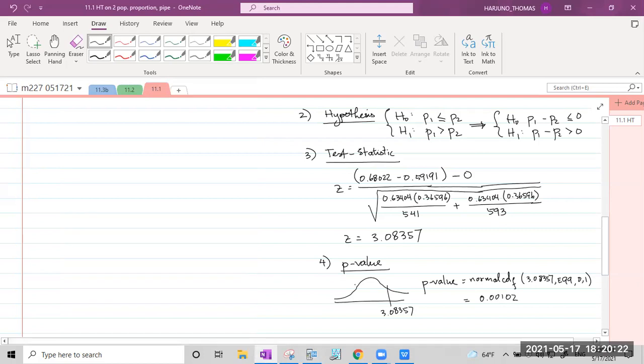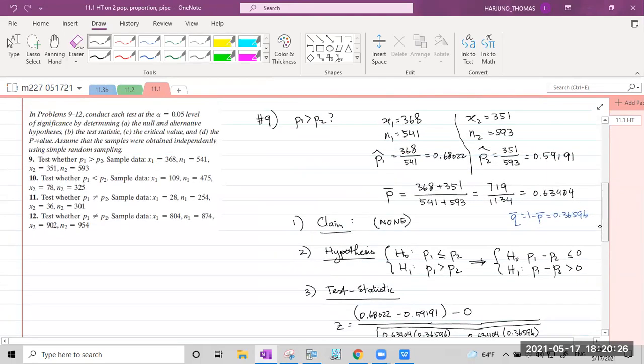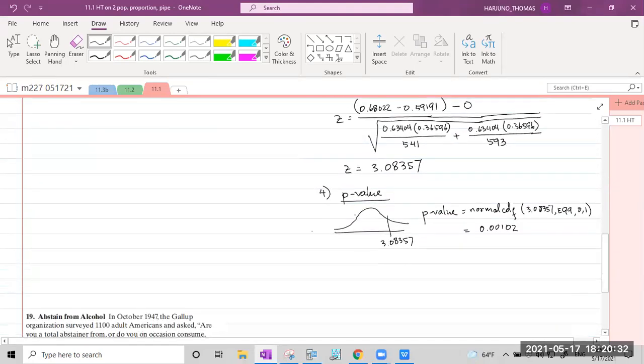That's a very small p-value. They tell us to use alpha 0.05, and my p-value is even smaller.